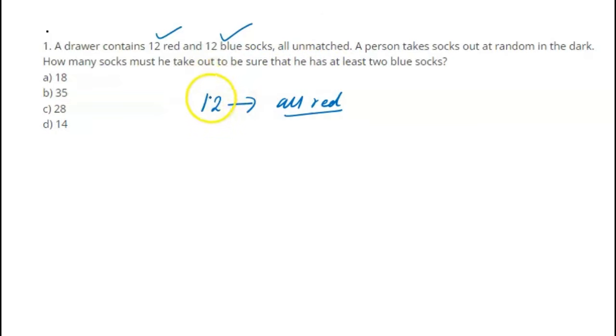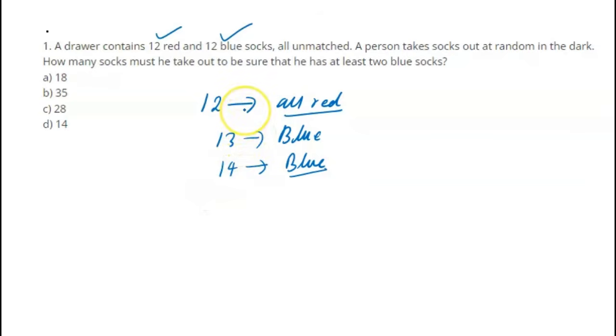Now the first 12 socks may be all red, that is also a possibility. The next sock that he draws will certainly be a blue sock. But he wants a pair of blue socks, so he has to draw the 14th sock. So in that case it will be guaranteed that he will have a pair of blue socks.